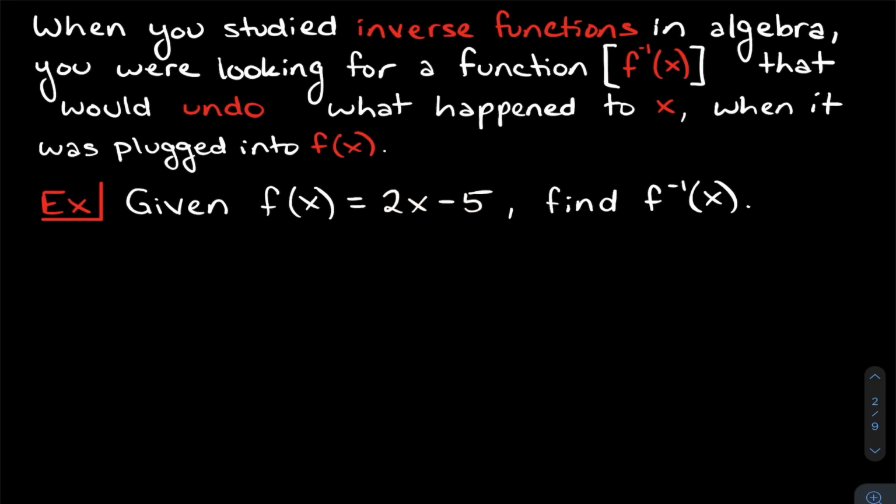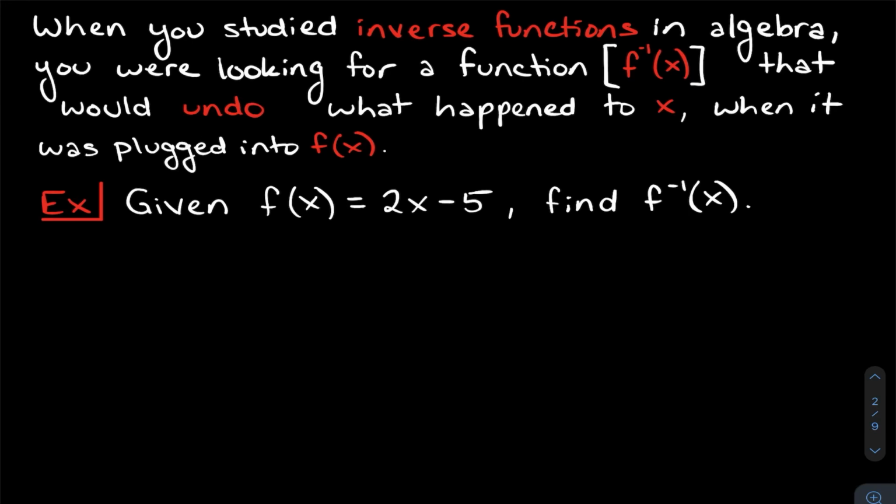You have that 5 there. And so what an inverse will do is it'll take away that minus 5. It'll add your 5 back, and instead of multiplying by 2, it's going to divide by 2. And so we just need a function that'll take this function and give us back our x value.